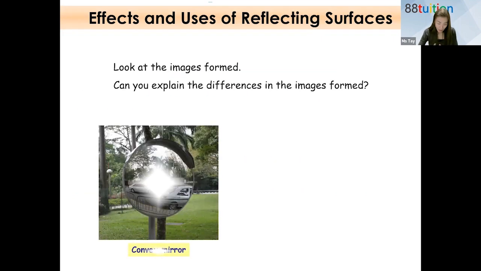So take a look at this. Have you seen this kind of mirror in a car park? Maybe? Yeah? Yes. So what is this kind of mirror? Actually, they have a name. They are called the convex mirror. When you look at a convex mirror, you actually see a very big area. Okay, even though the image looks smaller, right? Kind of, but you see actually a bigger area.